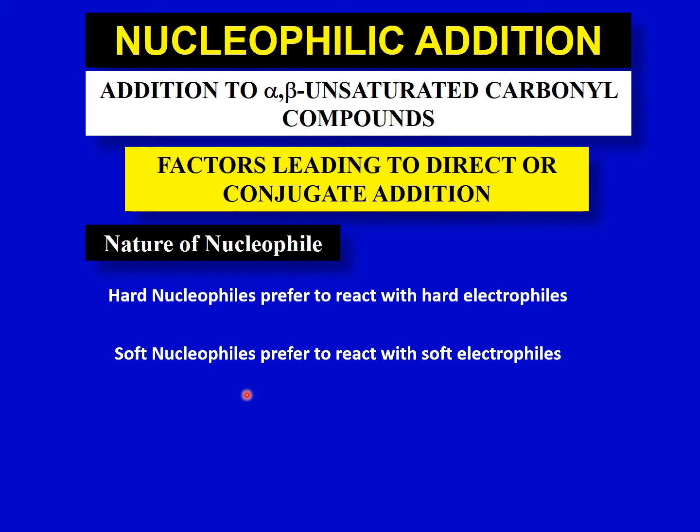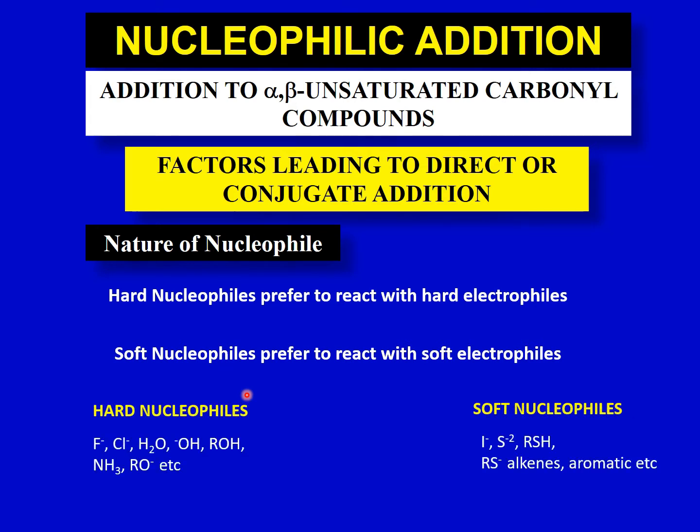Now we have the nucleophiles that will be added to the reaction mixture, and some of them may be hard and some of them may be soft. But before going into this, let me just tell you briefly what a hard or soft electrophile or nucleophile mean.